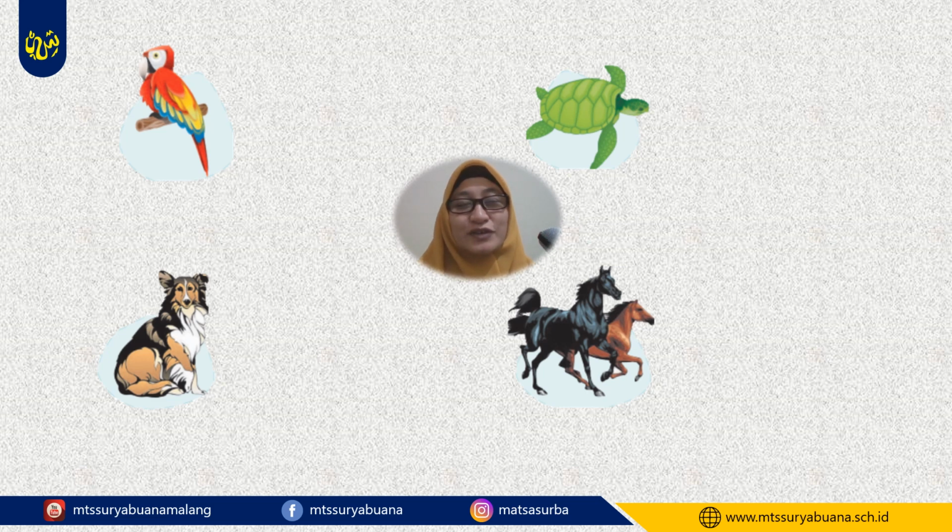Well, let's try to describe some other animals. The first animal here is parrot. The adjective here that we can say about the parrot is colorful, and the verb is talks, right?